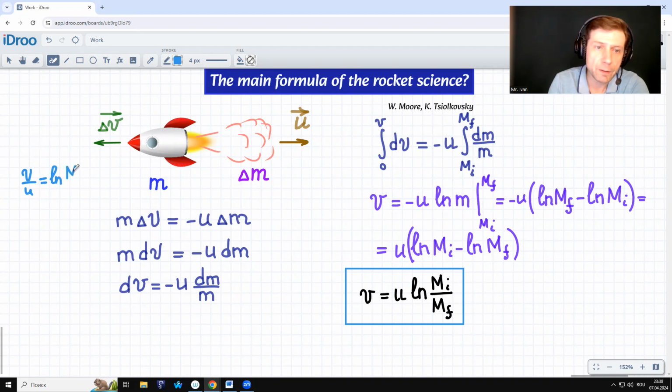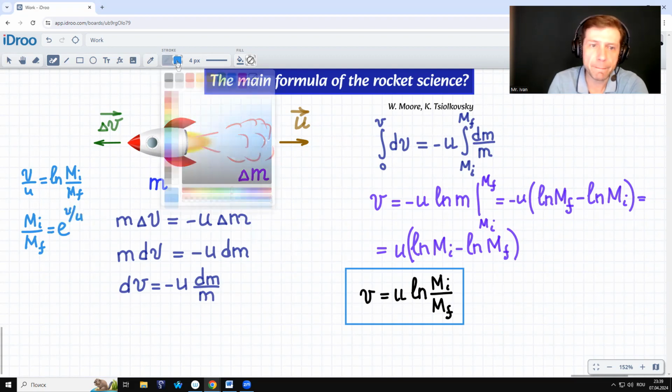Then we should say that e to the power v over u is the ratio of these masses. So the initial mass over the final mass would be e to the power v over u.